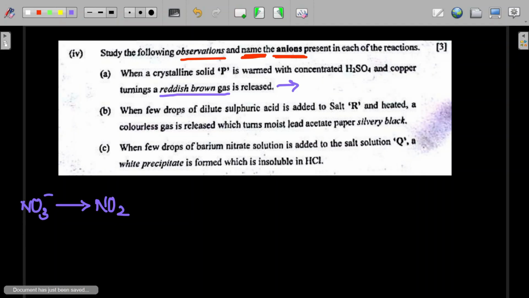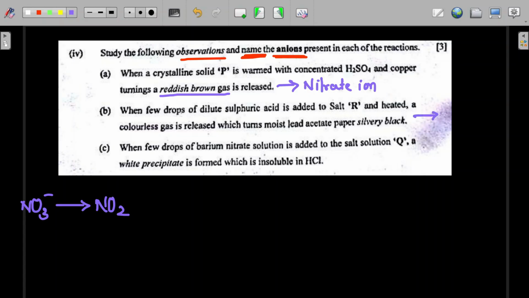Whenever NO2 has to form, the anion should be nitrate. Remember, nitrate is NO3 minus, nitrite is NO2 minus. Do not make a mistake here. Nitrate, ATE. And here don't identify the salt, because they have asked you to identify only the anion.